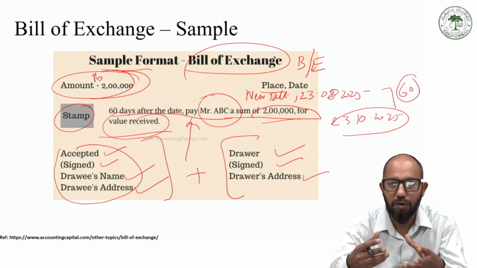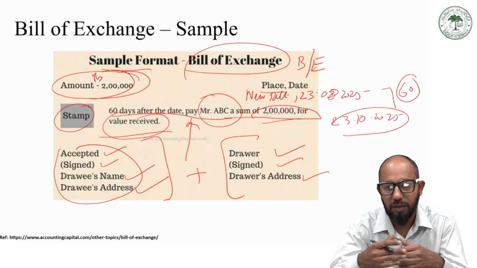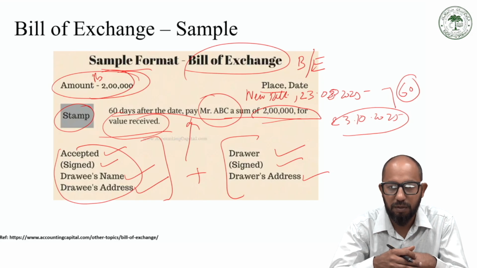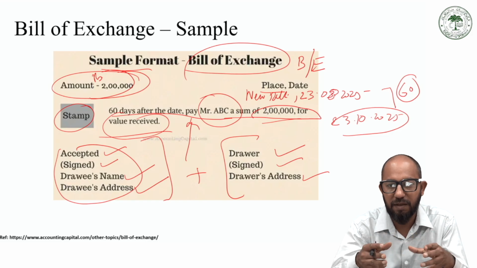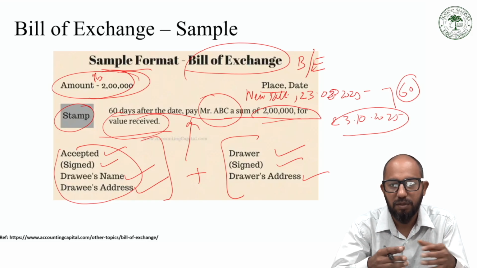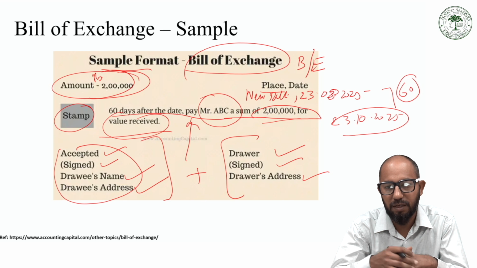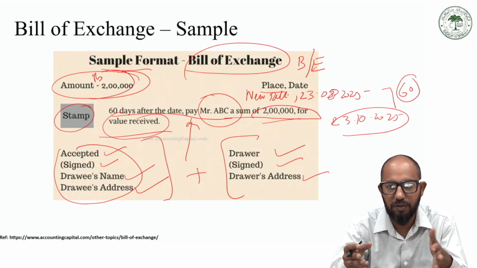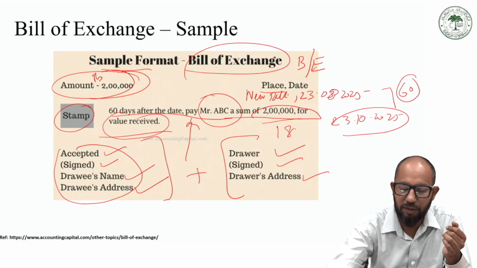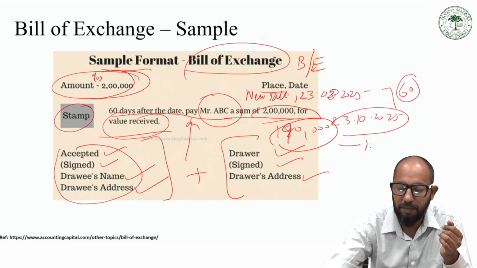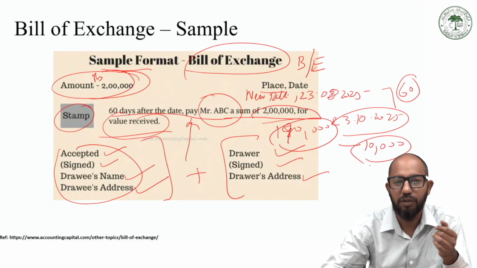Now in between also, if the exporter wants to have some money, then the banks can give some money to the exporter by deducting some commission. So within the 60 days, if the exporter wants to have money, he may get, say for example, 1,90,000, and 10,000 can be deducted by the bank for the commission.